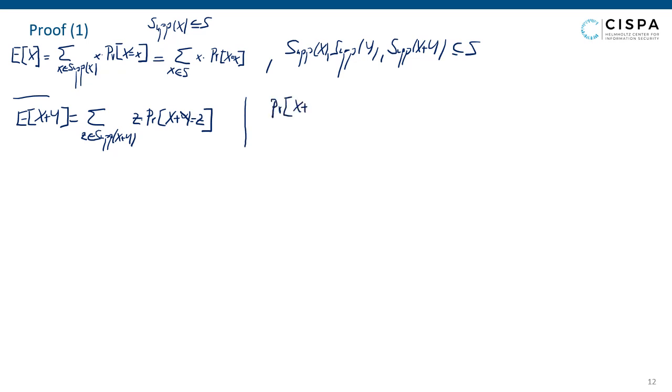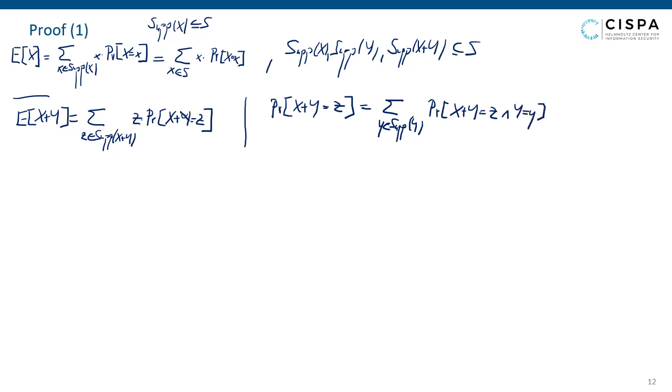Probability of X plus Y equals z can be rewritten as the sum over all y in the support of Y of the probability of X plus Y equals z and Y equals y.